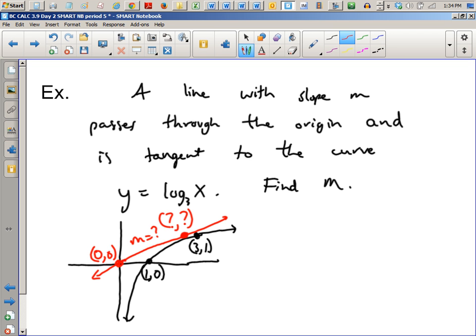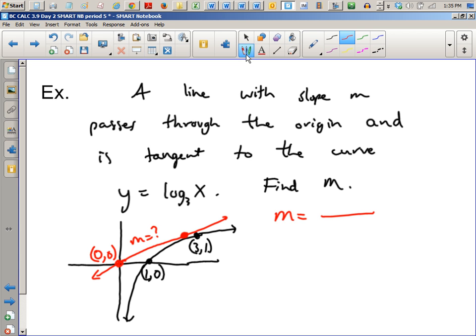Okay, let's do it. Okay, I got a problem though. I don't know where that point is, that one on the right, the second red point. So what I need to do is understand that this line has slope y2 minus y1, right? All over x2 minus x1. Although I don't know what point this is, I can certainly call it, I don't have to put question mark, question mark.